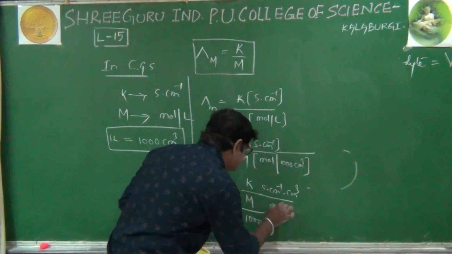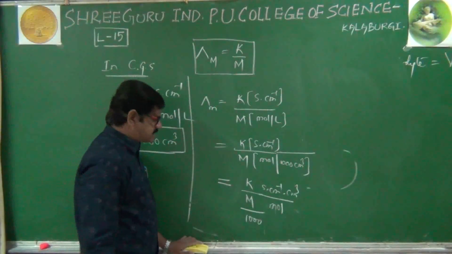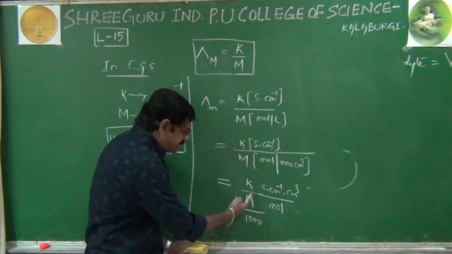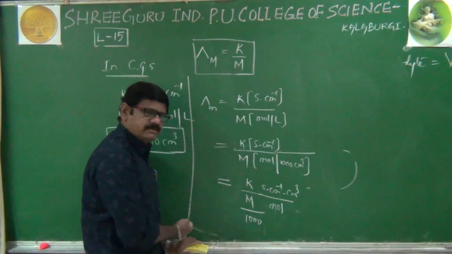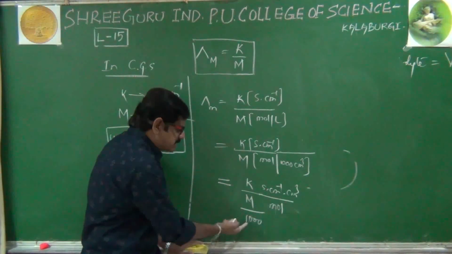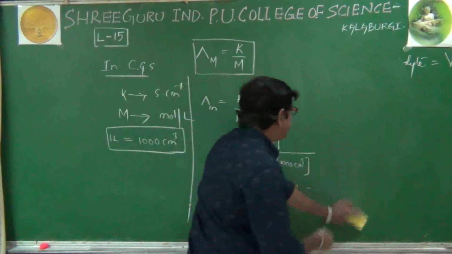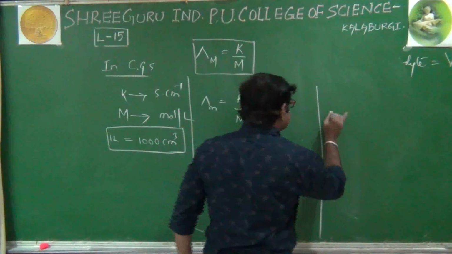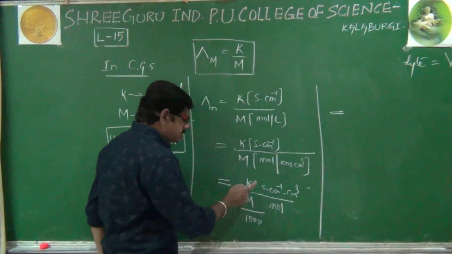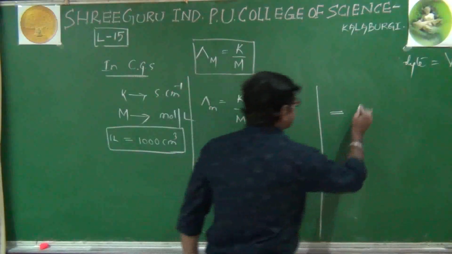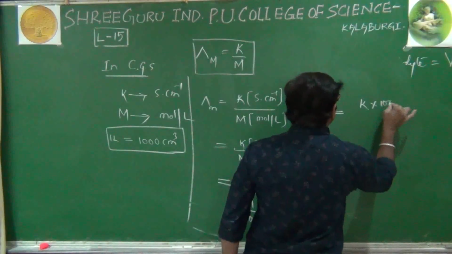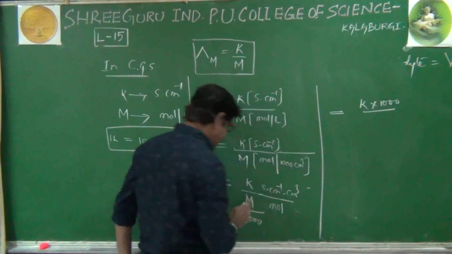Next, here also 1 by 1000, which means 1000 also will shift into the numerator. Therefore, we will write it like this: that is equal to K into 1000 divided by capital M.